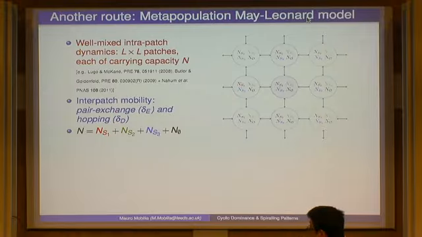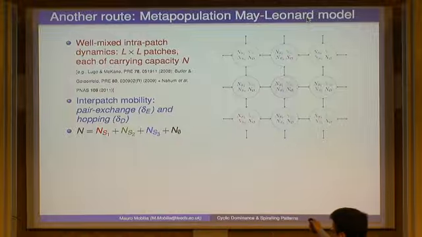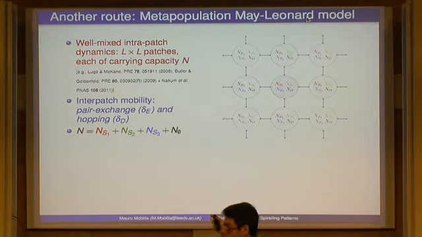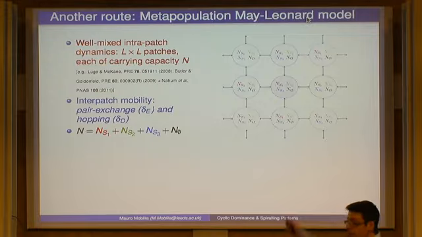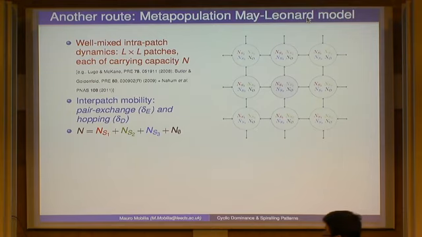So it's to consider a two-dimensional grid of patches like this, and each patch has a carrying capacity N, right, and we will assume that N is finite, but large, and we will do an expansion in N.